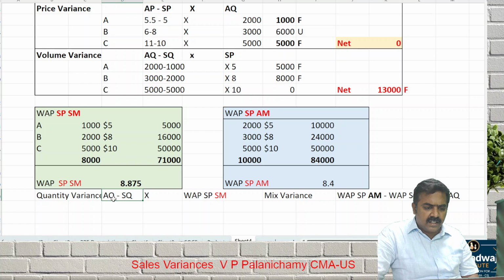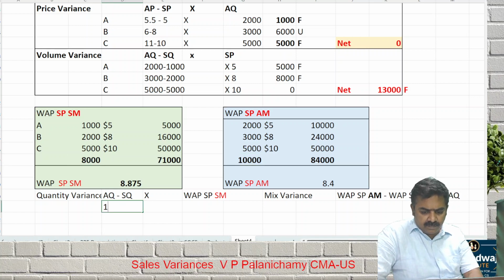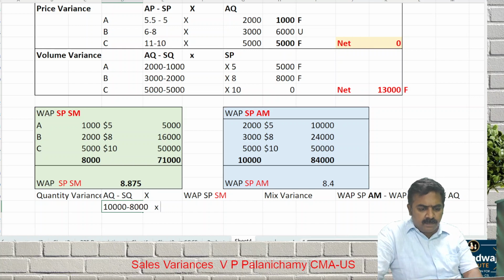Quantity variance. Actual quantity minus standard quantity. Actual quantity 10,000 minus standard quantity 8,000. This multiplied with weighted average standard price of standard mix.